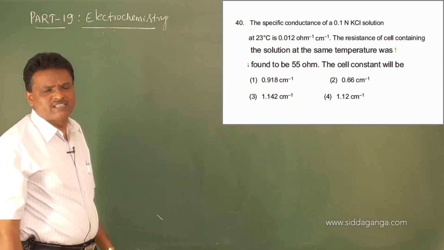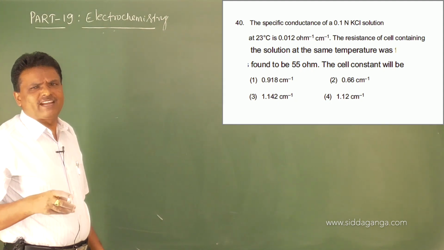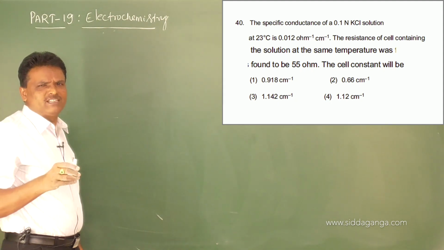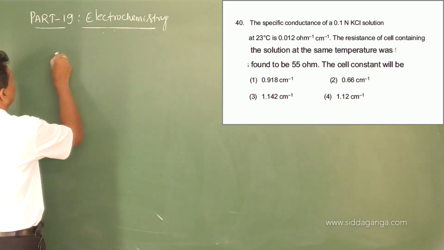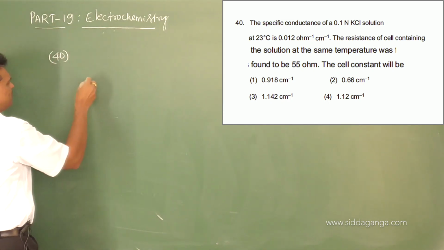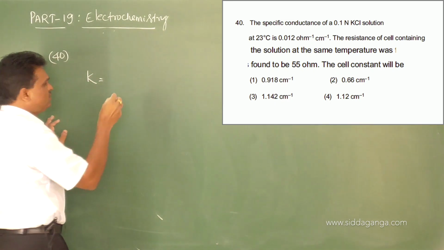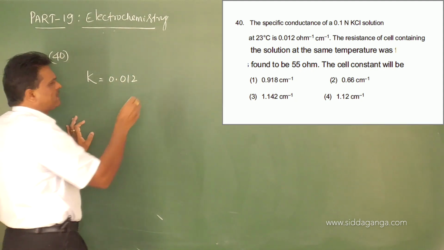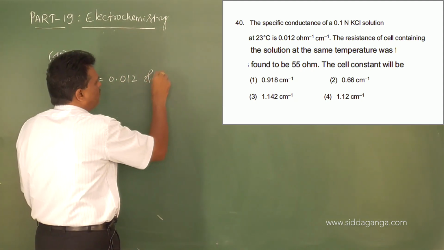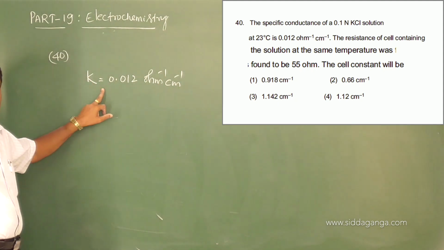Specific conductance K is given, K is equal to 0.012 per ohm per centimeter.